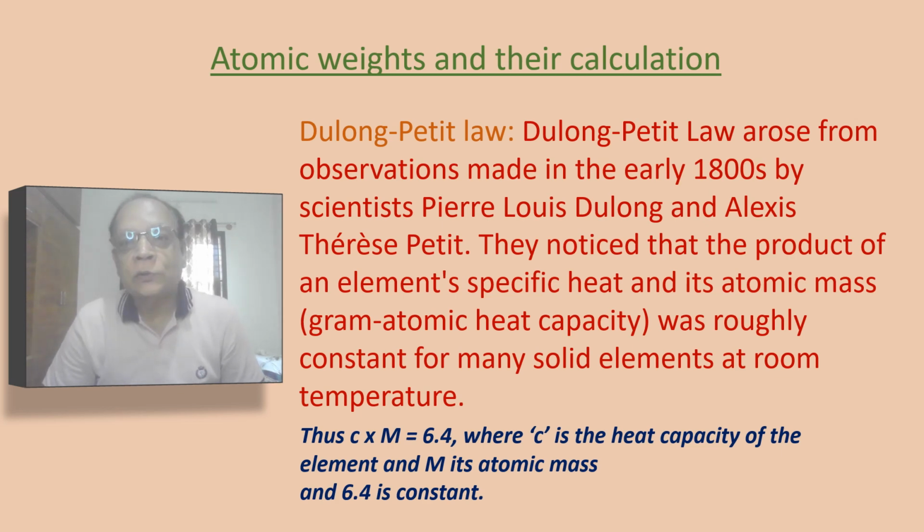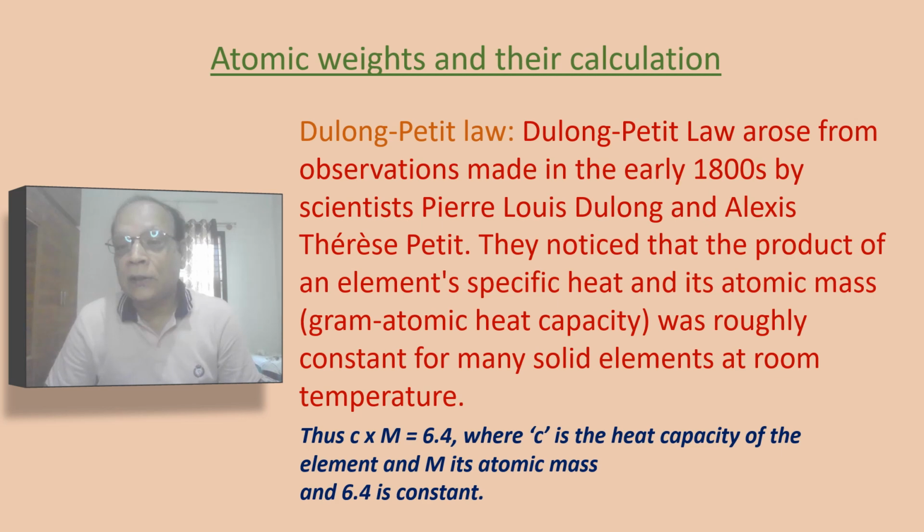The atomic weights were noticed as early as the 1800s by the scientists Pierre Louis Dulong and Alexis Thérèse Petit. They noticed that the product of an element's specific heat and its atomic mass was roughly a constant for many solid elements at room temperature.